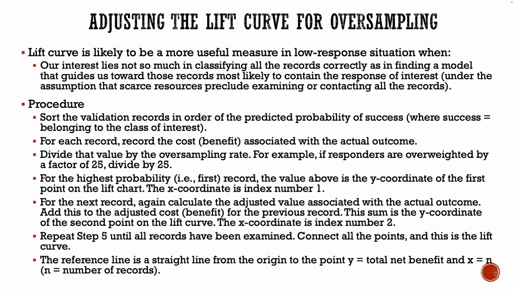We adjust the lift curve also for oversampling. So we just adjusted the confusion matrix in the previous slide, but the lift curve that we have created can also be adjusted for oversampling. Sometimes it's a very useful measure in low response situations, specifically when we are interested not so much in classifying all the records correctly, but in finding a model that guides us to records that most likely contain the response of interest.